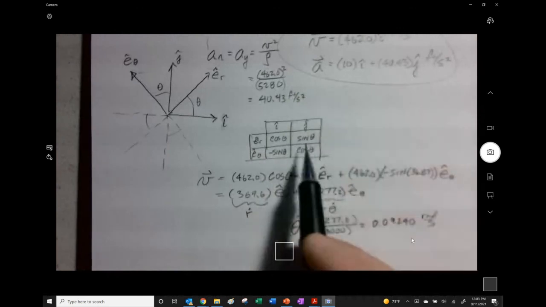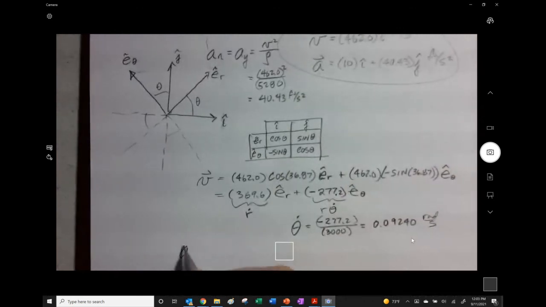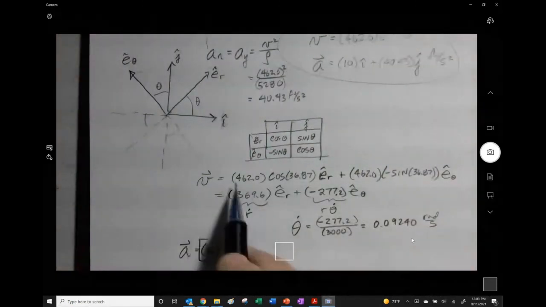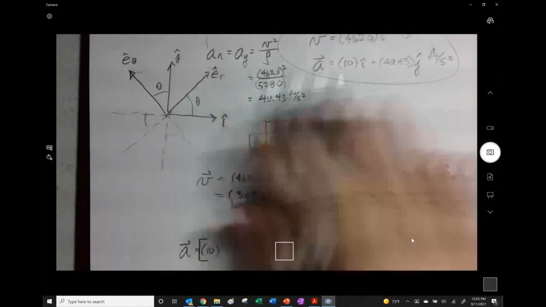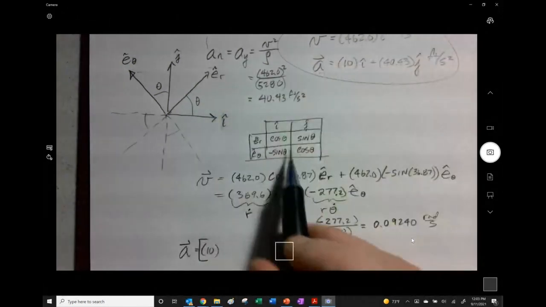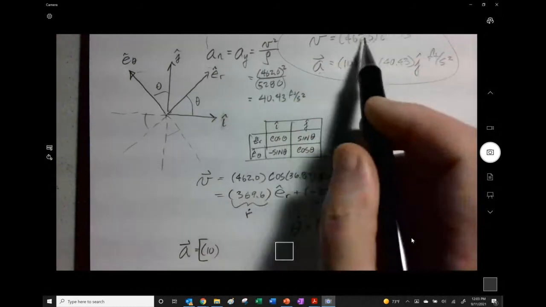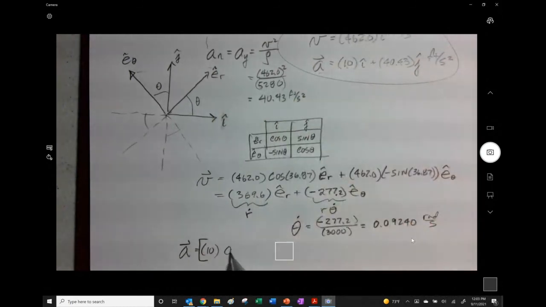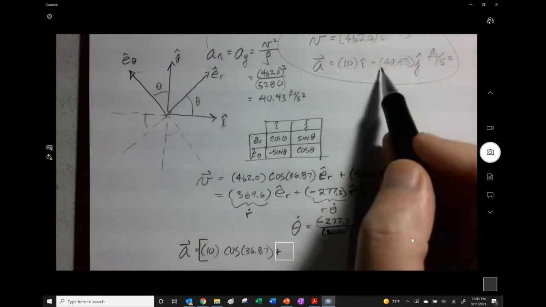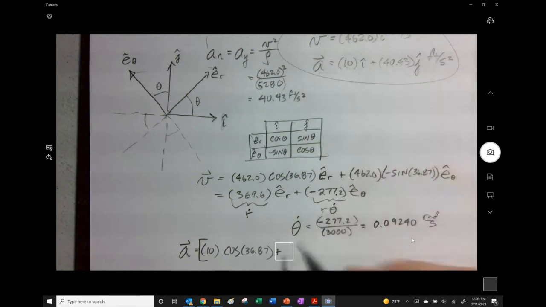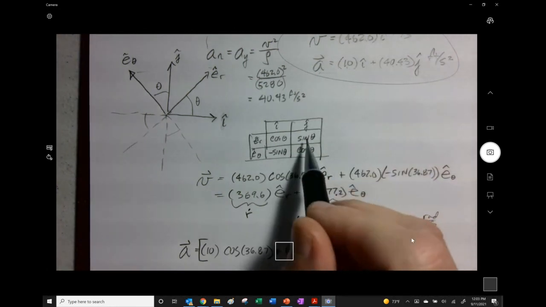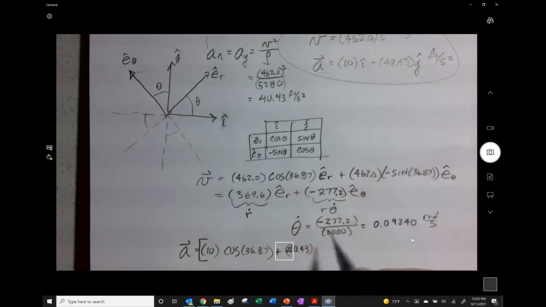We had to take that acceleration and turn it into components. So 10, and if we're feeling comfortable with it, we could kind of collect the ERs together, right? So we go 10 times that cosine of 36.87, and then plus 40.43 times negative sine 36.87.